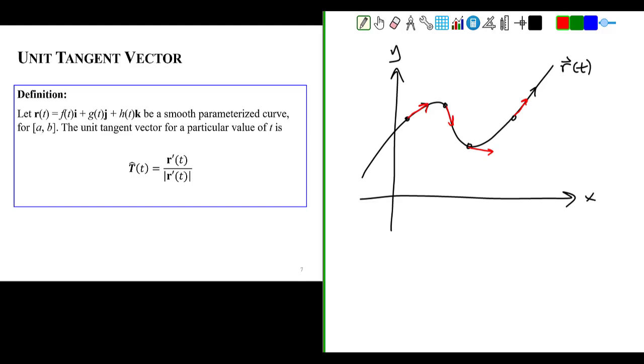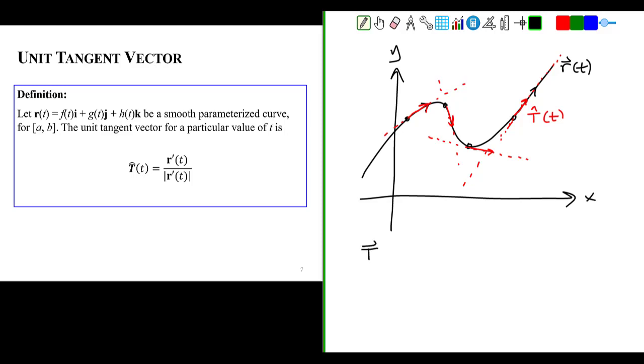So each of these unit tangent vectors that I've just drawn represents a vector that is tangent to the curve at that point. Notice how it indicates the direction of the curve at that point. So we can say that the unit tangent vector gives us the orientation of the curve, telling us the direction in which the curve is evolving in response to the parameter t.